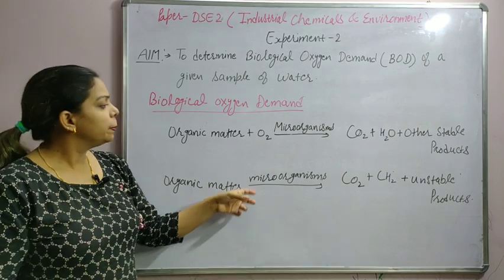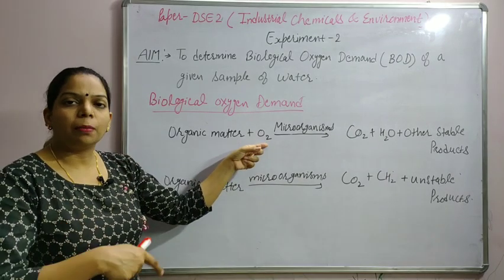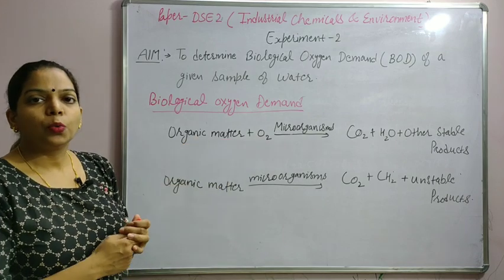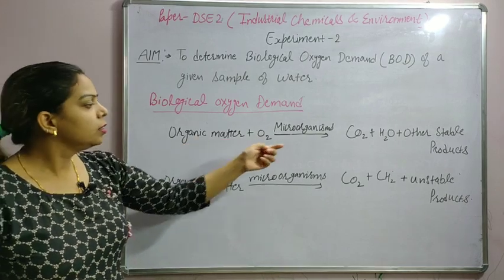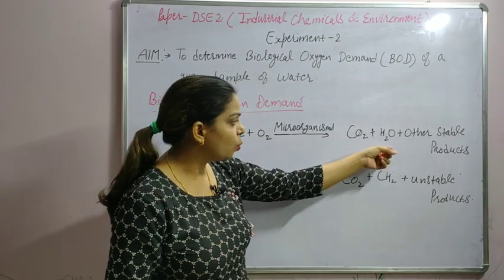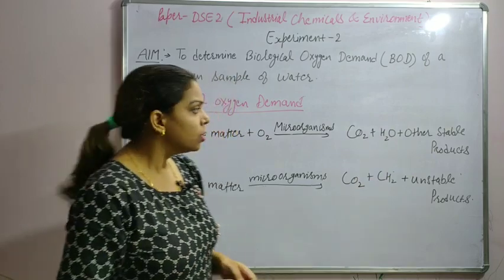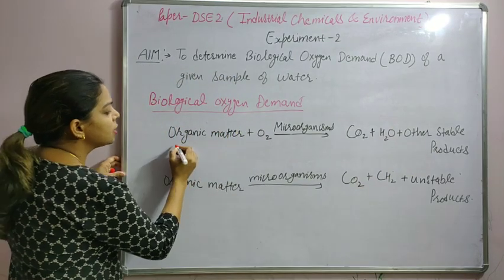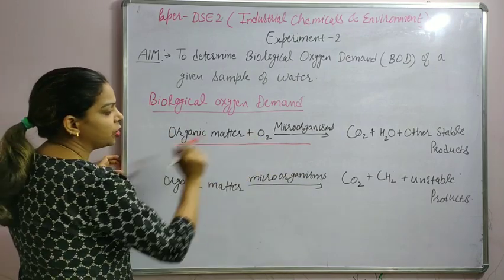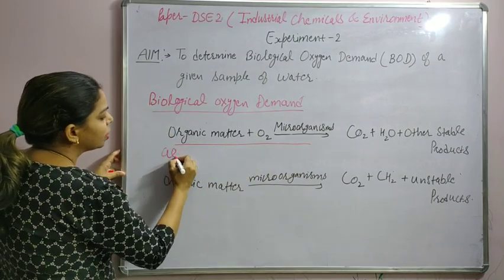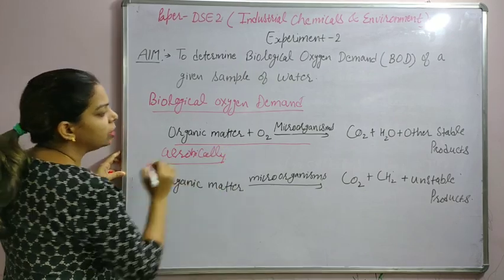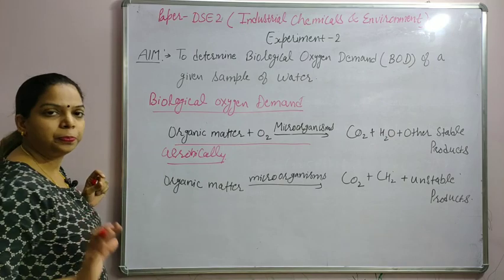They can do both, but it is better if oxygen is present there, so that the reaction will be aerobic and the compounds formed are not harmful, like carbon dioxide, water, and some other stable products. So these kinds of reactions, the decomposition of organic matter in presence of oxygen, are known as aerobic decomposition, or the decomposition is happening aerobically.